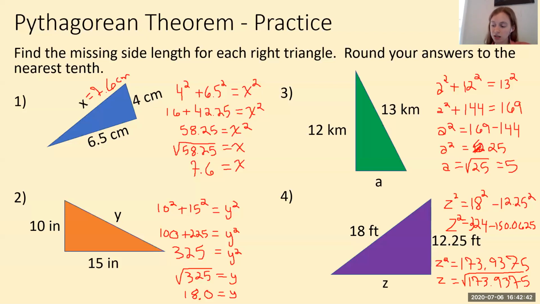So when I round that to the nearest tenth, it's going to round to 13.2. So our final answer is z is equal, or approximately equal since we rounded, to 13.2 feet.